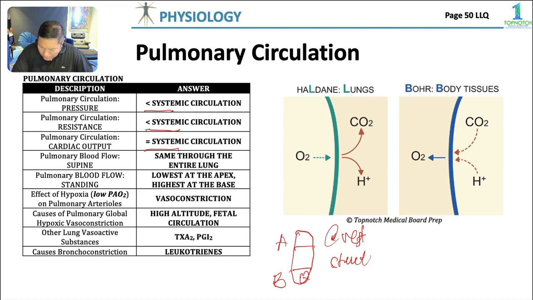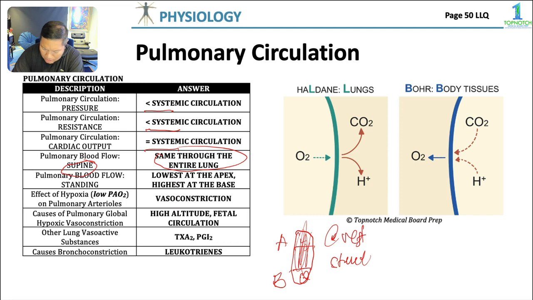The apex, the upper one-third, will have the lowest pulmonary blood flow. So because of gravity, gravitation effects, because of the arrangement of blood vessels in your lungs, pulmonary blood flow, standing at rest, lowest at the apex, highest at the base. However, in a supine position, lying down, mag-i-equalize yan throughout the lungs.